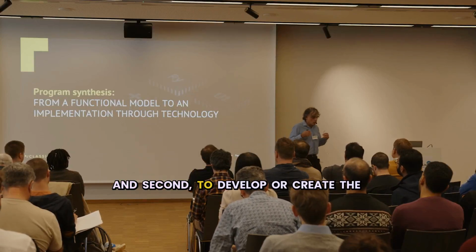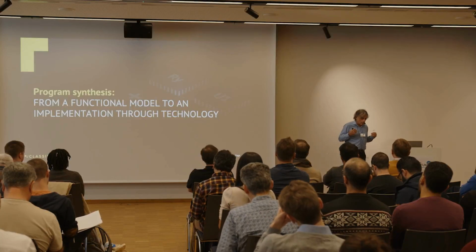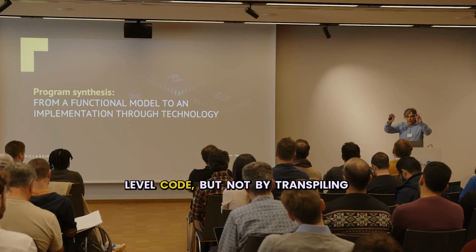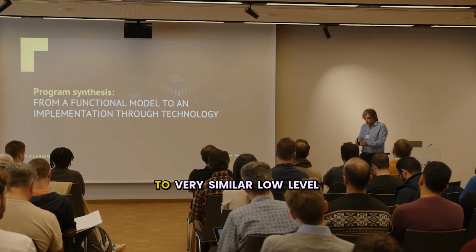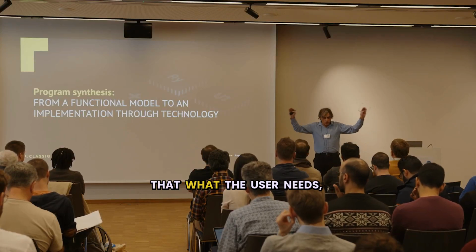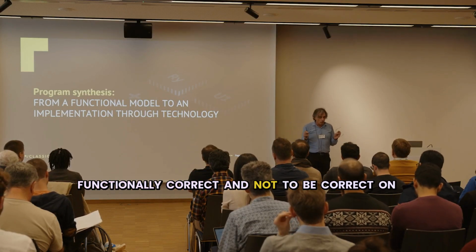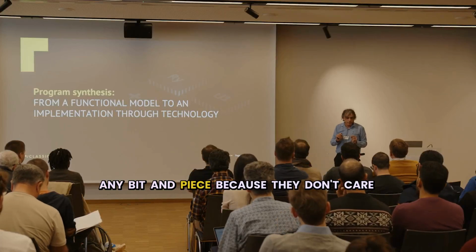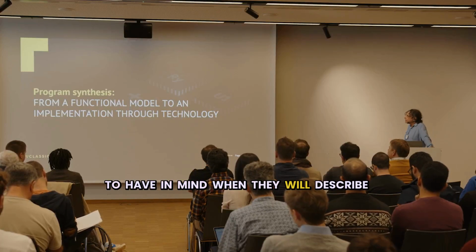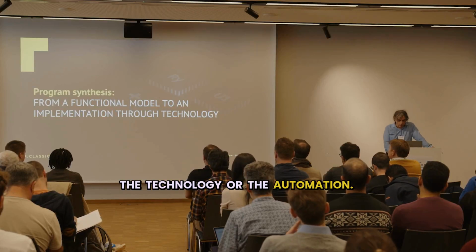And second, to develop or create the technology which will take those idioms or high-level description into low-level code, but not by transpiling to very similar low-level functionalities, but by understanding that what the user needs, what the developer needs, is to be functionally correct, and not to be correct on any bit and piece because they don't care about it. So this is what you need to have in mind when I will describe the technology or the automation.